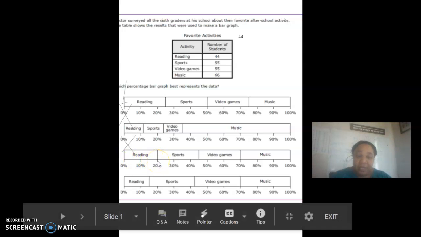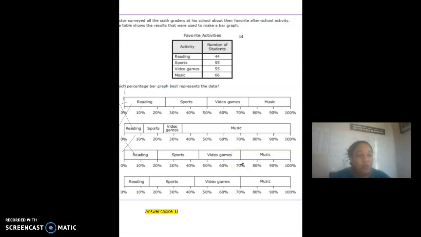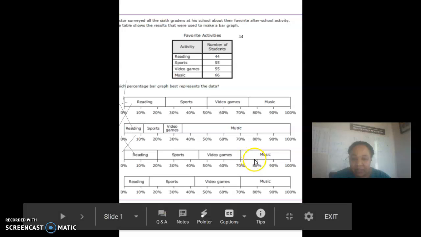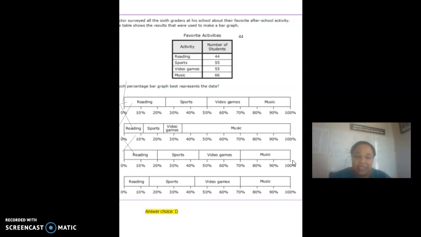And the next one was 25: 10, 20, that's 5 more, that's 25. And we're looking for 30%: 10, 20, 30. Okay, so C is a possibility, but I want to check and make sure.